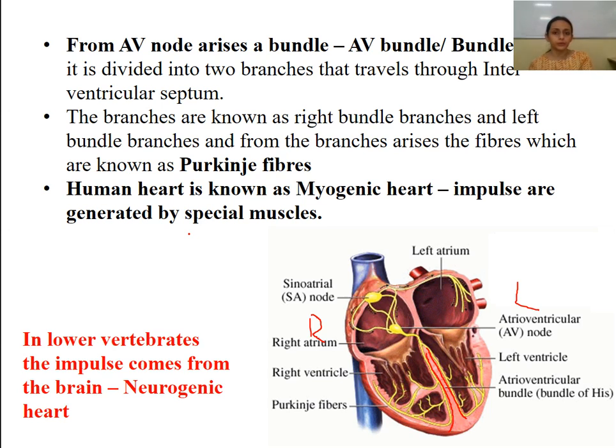Whereas in lower vertebrates, the heart is known as a neurogenic heart, because the impulse is generated from the brain. That is how their heart is called a neurogenic heart. When we speak about humans, the heart is known as a myogenic heart.